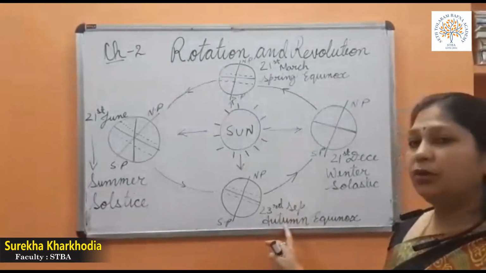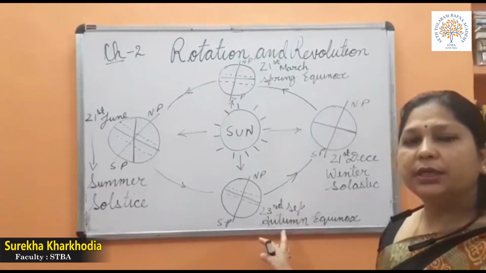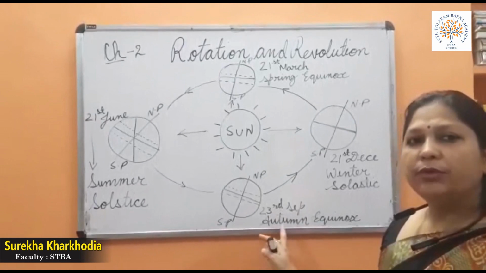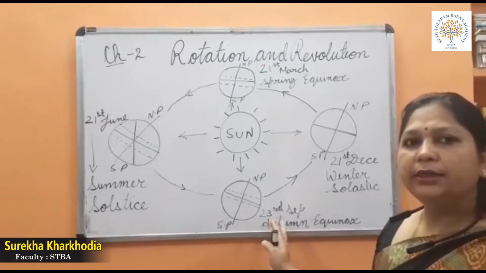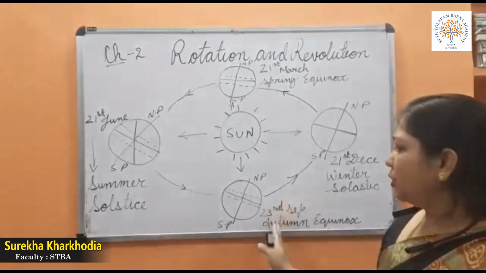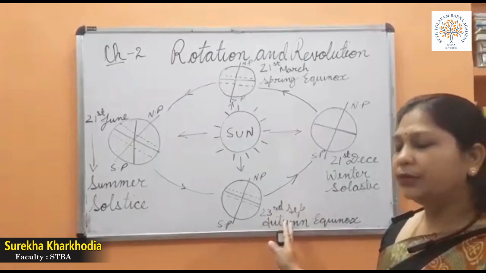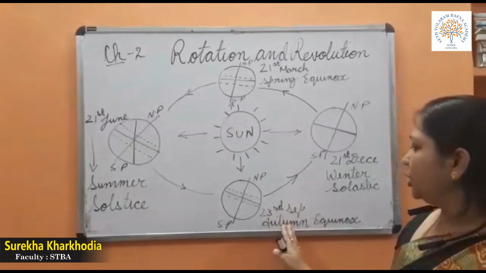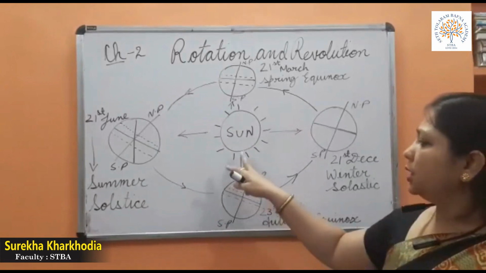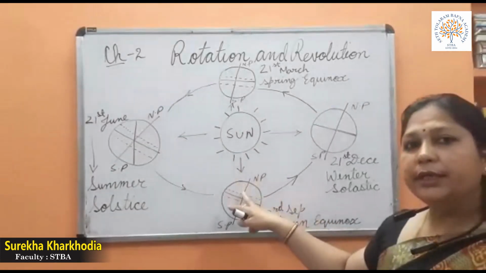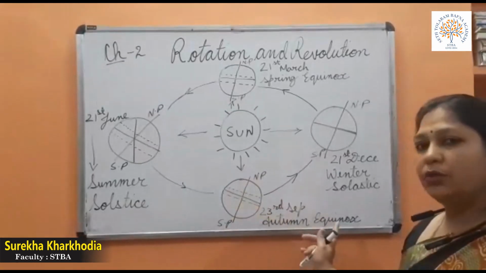You know the meaning of autumn, in this season the plants shed their leaves when the summers are gone and winters are about to come. On autumn equinox, that is on 23rd September, the sun rays are falling directly on the equator.